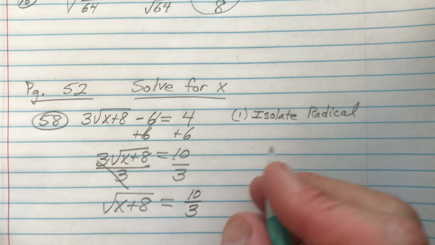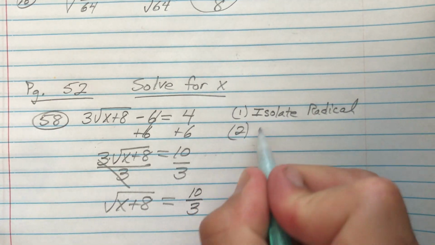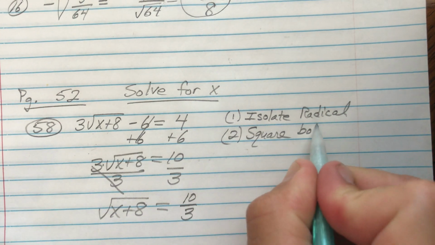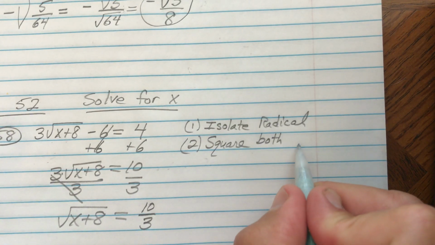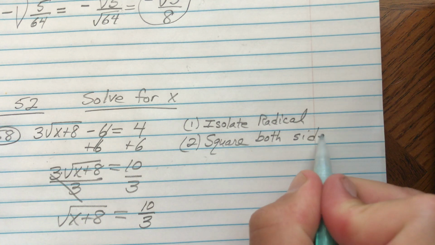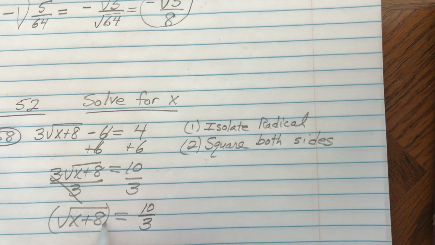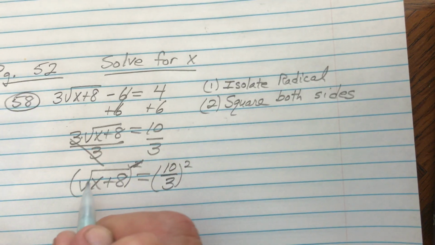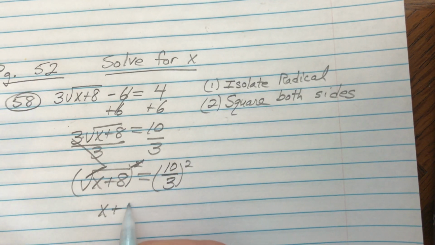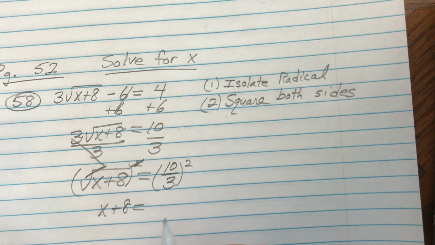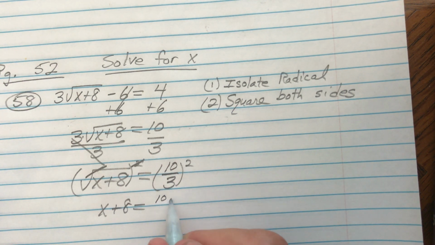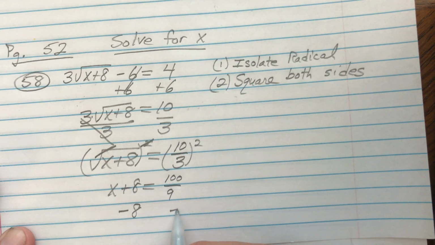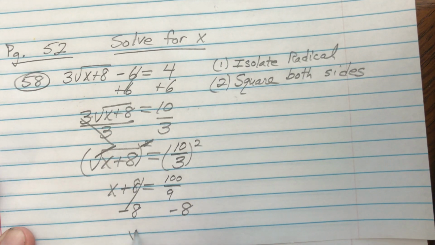Next, after the radical is all by itself, you want to square both sides. Squaring will cancel out the radicals. Squaring and square rooting are opposites. So you're left with x plus 8. And 10/3 times 10/3 is 100 over 9. And then the final step would be to subtract 8 from both sides.